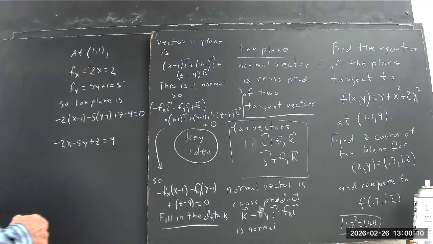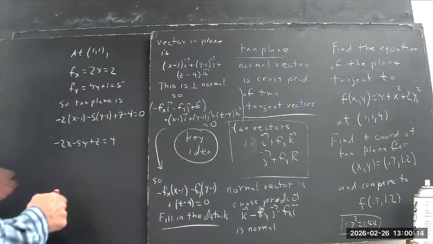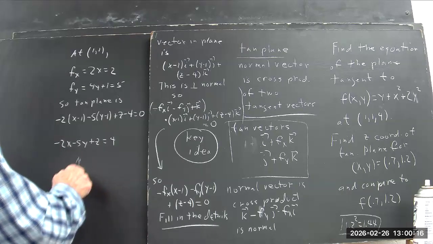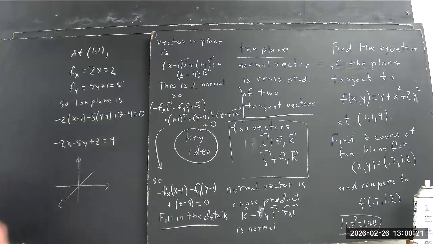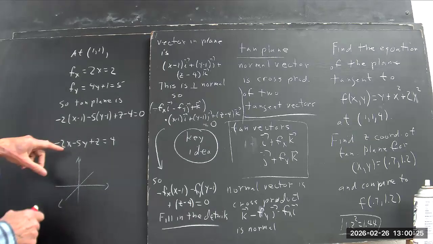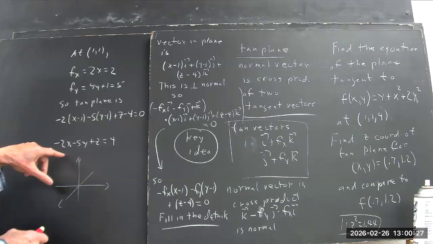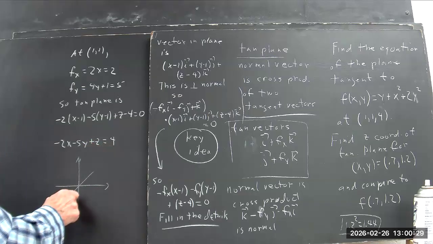Now, at that point, we can visualize the plane even. We could make the graph, and this is kind of off to the side. It's not part of what I ask you to do, but what's the x-intercept? It's at x equals 2. If y and z are 0, you get negative 2x equals 4.